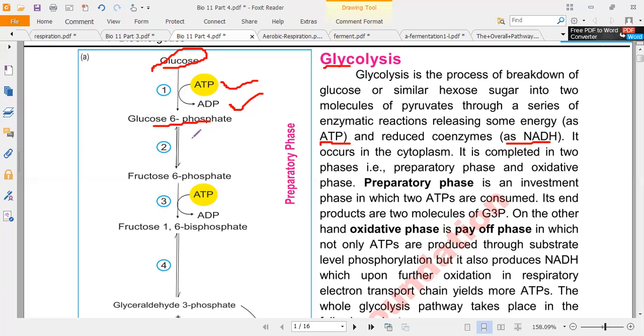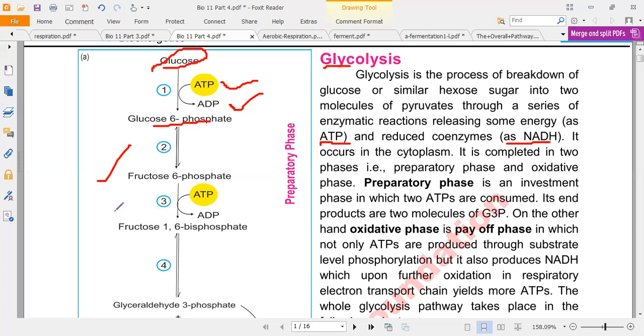In step number 2, for isomerization, phosphohexose isomerase is used: phosphohexose, because six carbons are there with a phosphate added, and isomerase, the enzyme which changes its arrangement, so that it is changed into fructose, an isomer of glucose. That is the second step, and it is a reversible reaction.